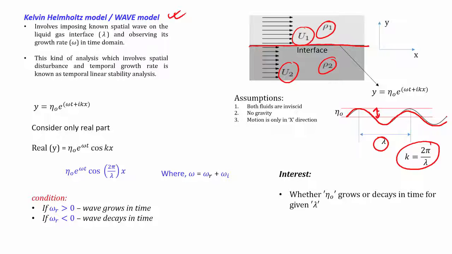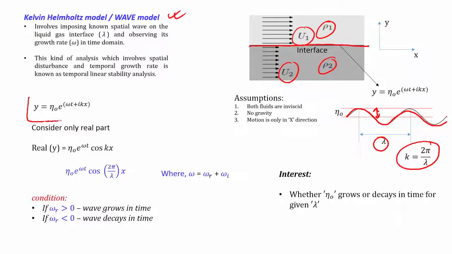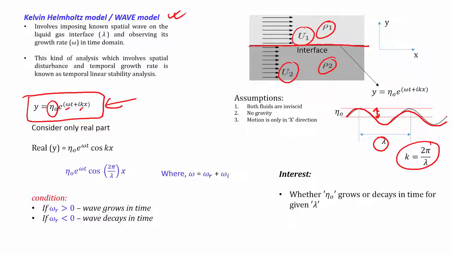The idea is to see whether that perturbation grows or decays. If you look back at the slide once again, you will find that the perturbation can be written in this particular form. The y is the amplitude with which this perturbation is growing. There is an n naught, and then there is an omega, and this k is the same as this k.